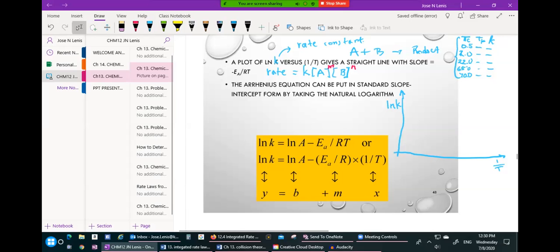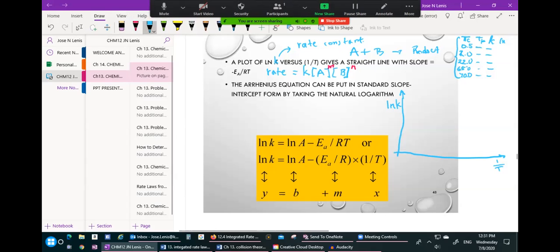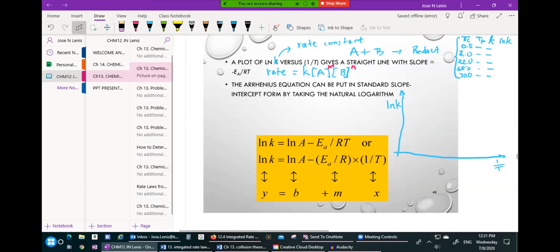And then you make another column. You make another column that says natural log of K. So you take this number, plug that into your calculator, find natural log of that, write it down here.